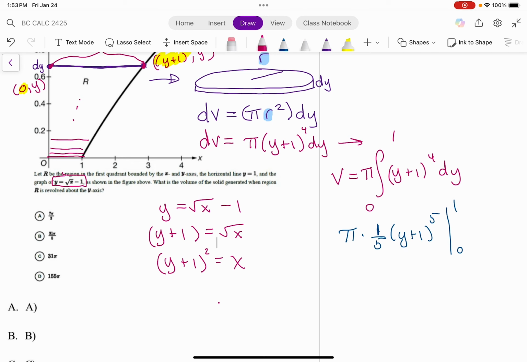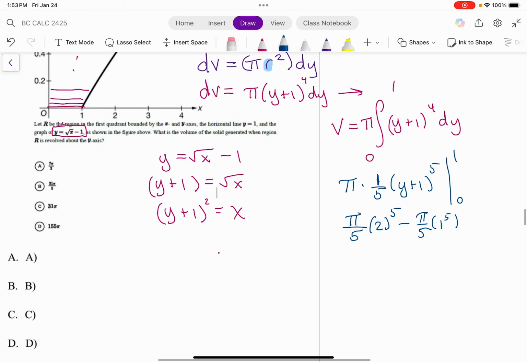If you plug in 1, you get pi times a 5th, I'll call that pi over 5, times 1 plus 1 to the 5th, which is 2 to the 5th, minus pi over 5 times, when you plug in 0, 1 to the 5th. So this is 32 pi over 5 minus 1 pi over 5, which is 31 pi over 5. And that is answer choice B.